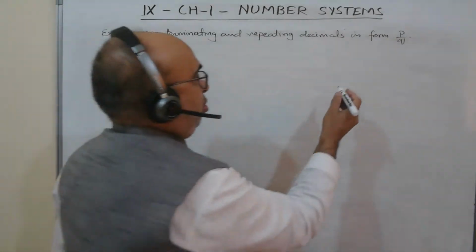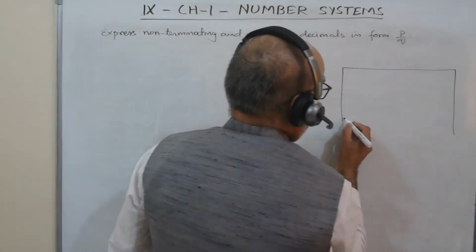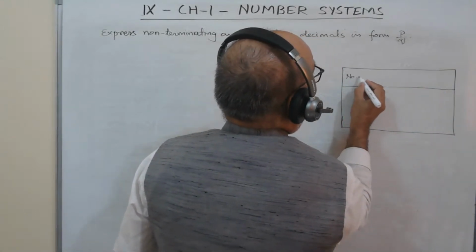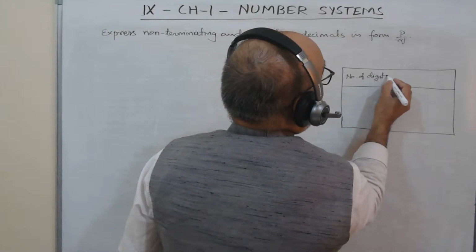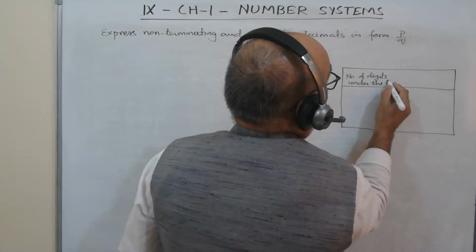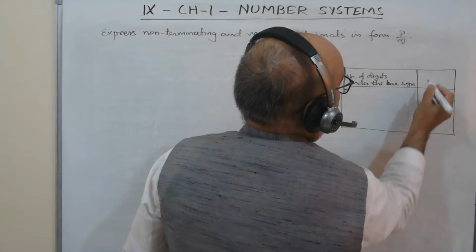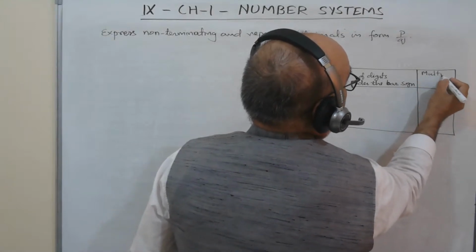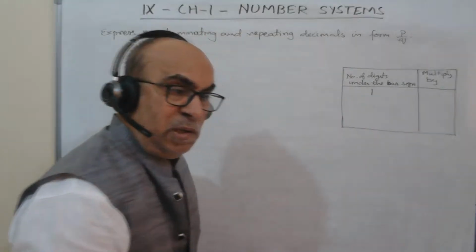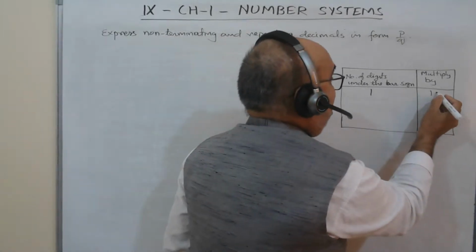So there is a rule. This table is enough to learn it. Number of digits under the bar sign, multiply by: if there is one digit under the bar sign, you have to multiply by 10.